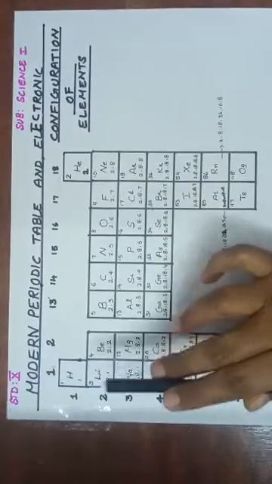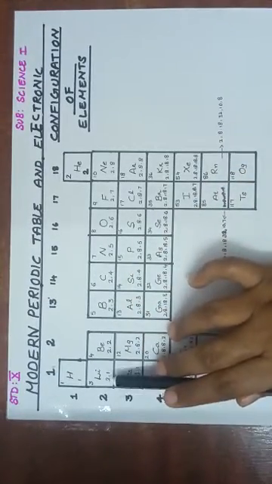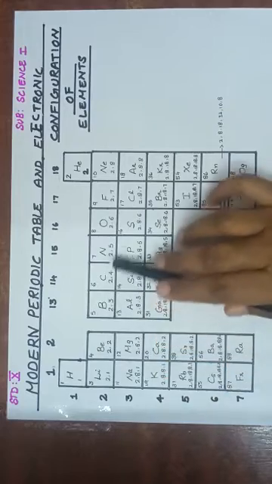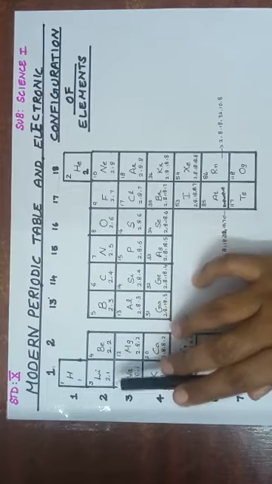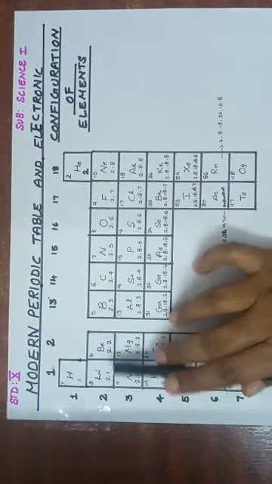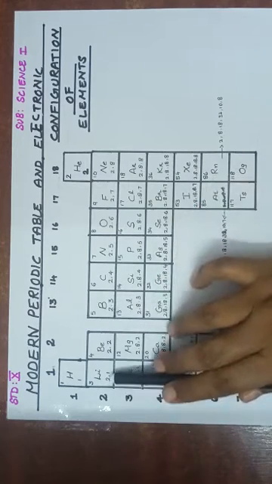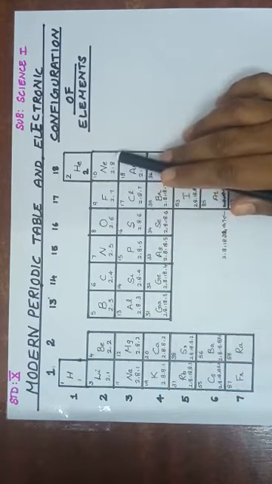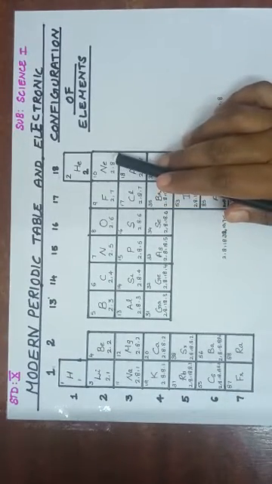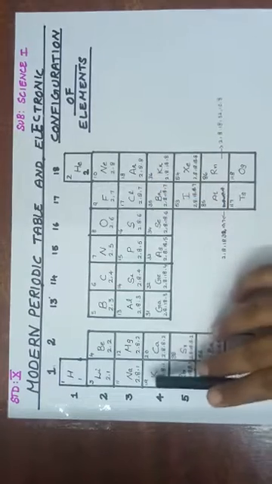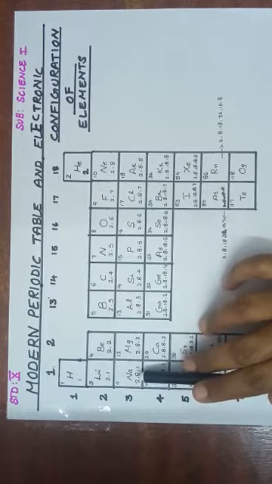You can see that the atomic number increases by 1, and the valence electrons are also increasing by 1. But the number of shells: lithium 2 shells, beryllium also 2 shells, boron 2 shells. In that way all the elements in the second period have the same number of shells.